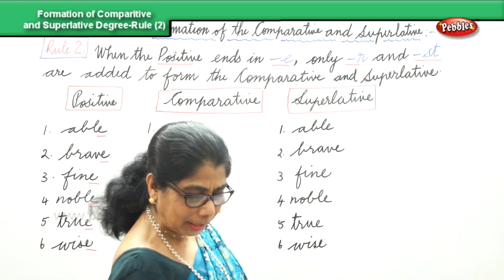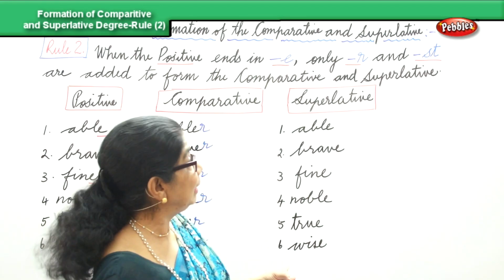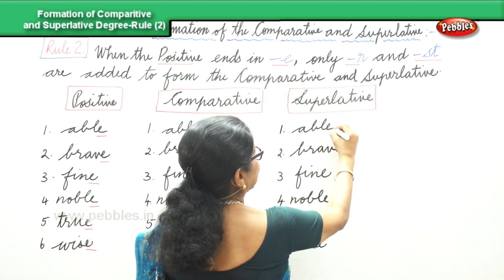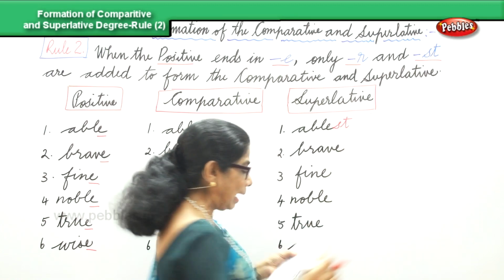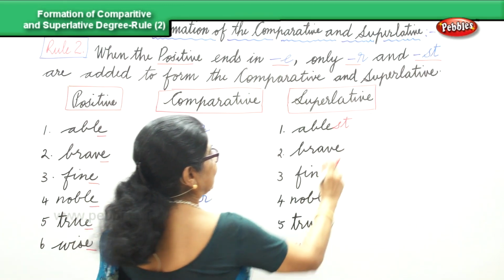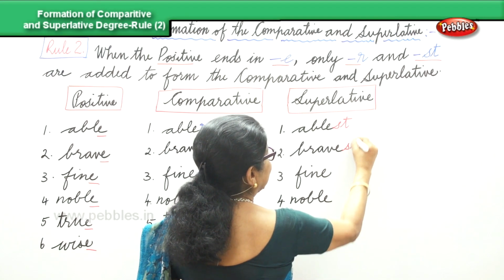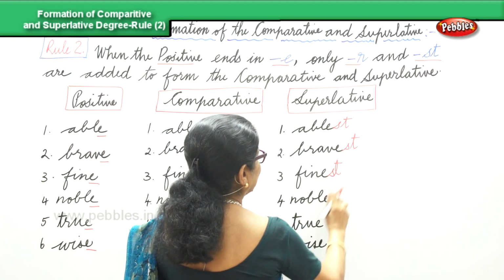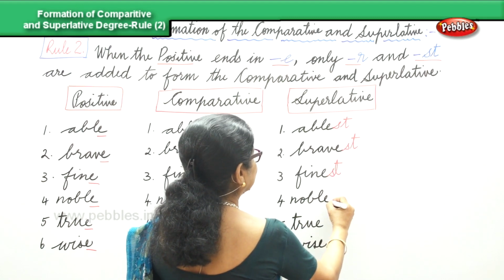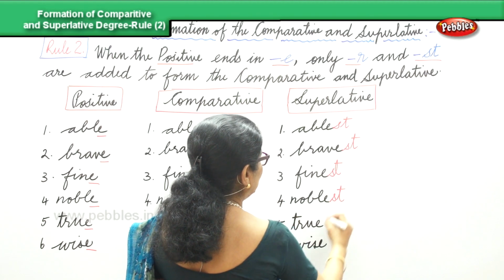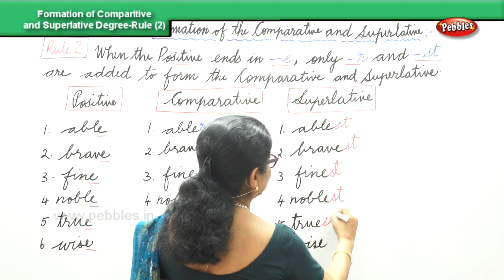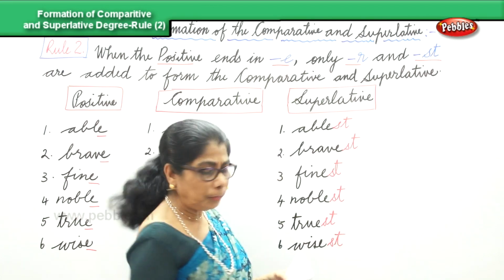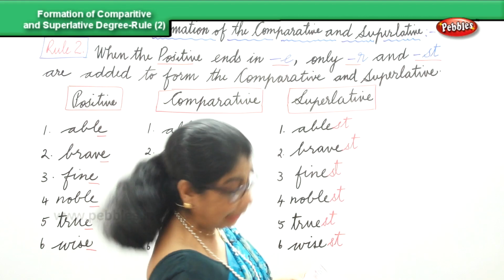We form the superlative by adding ST. So ablest, you just add ST. Bravest, finest, noblest, truest, and finally wisest. We form the superlative by adding ST.